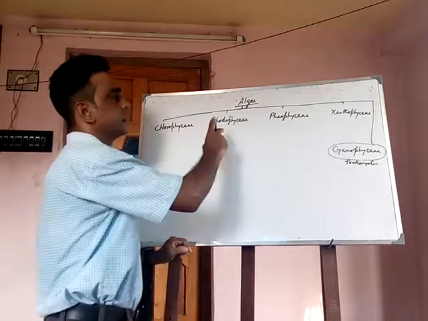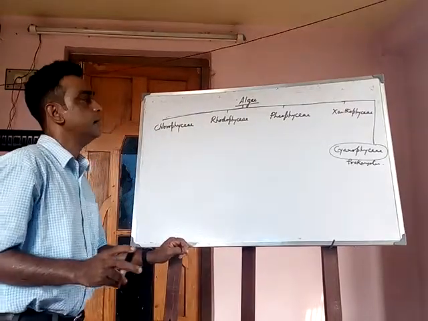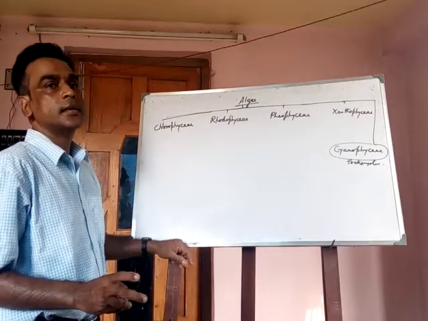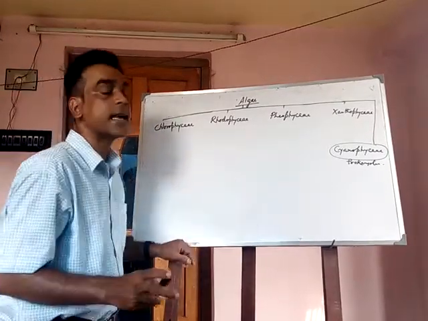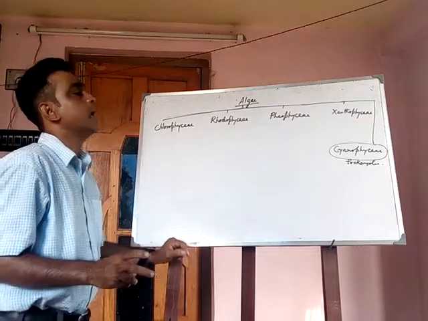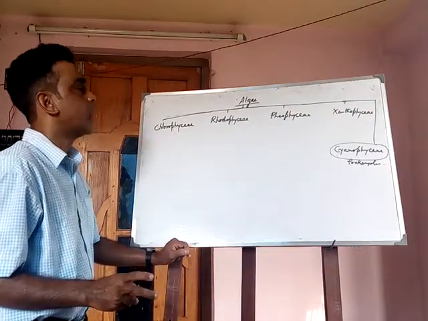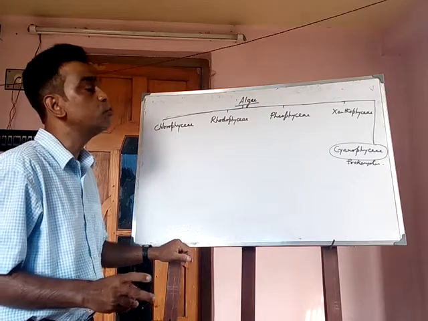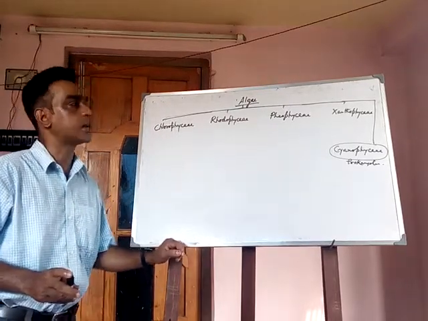For these materials, and the other is Gracilaria, and some other algae can be used as food, and as food for cattle.